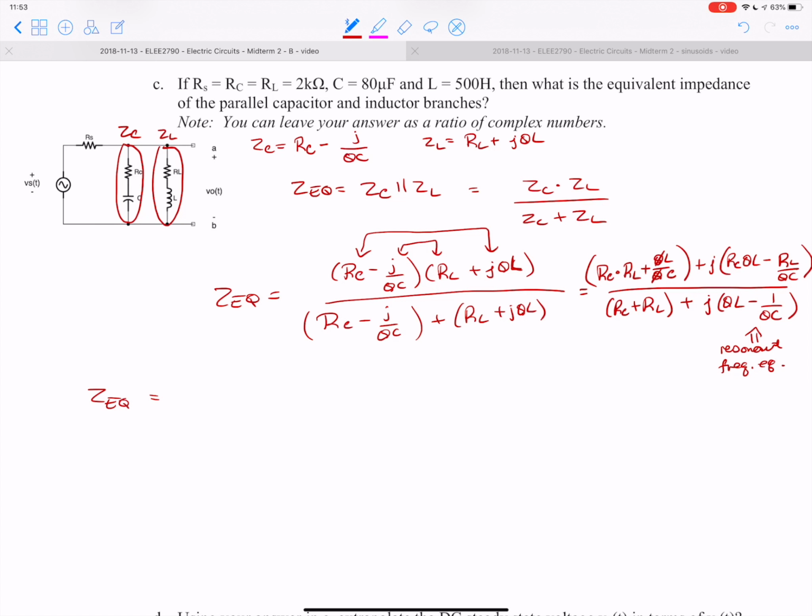So if we leave everything in K units, then we're going to have an easier time down the line. And if we do that, then we just actually have some real numbers to work with. We're also going to notice over here that in that case, if we deal with ZL, this is equal to 2 kiloohms plus j times omega. Now L is 500 henries. If we want that in a unit of K, then we have to have 0.5. So this is kiloohms.